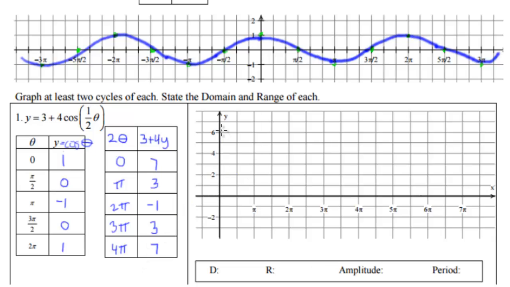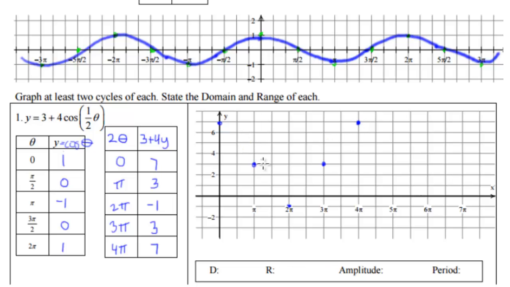So I'm starting over 0 and up 7, and over pi and up 3, and over 2 pi and down 1, and over 3 pi and up 3, and over 4 pi and up 7.